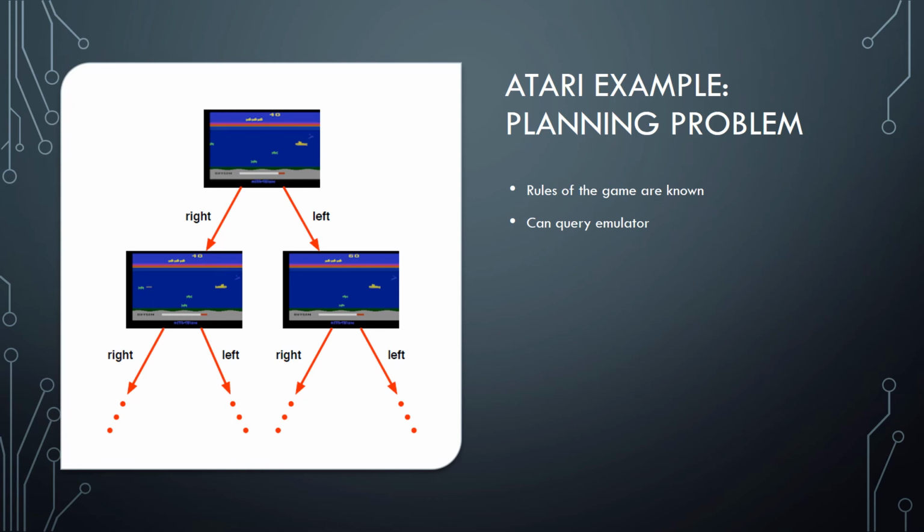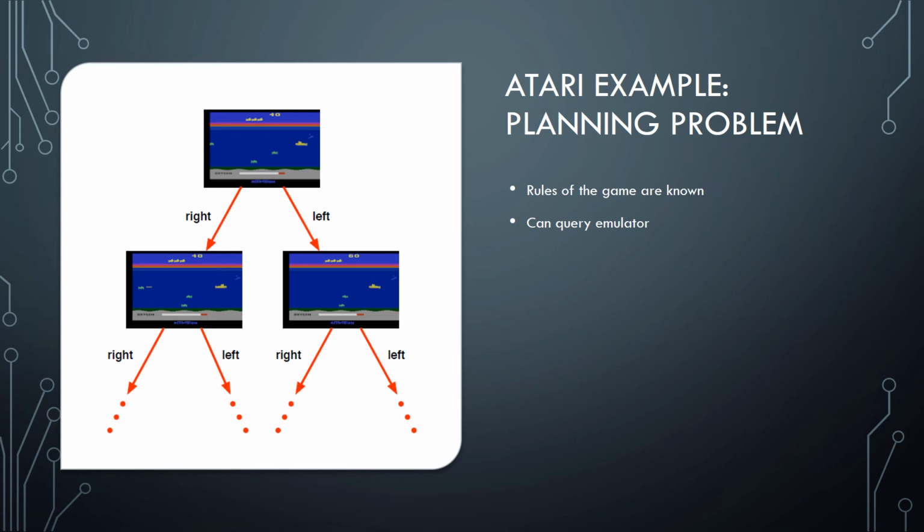Atari example, planning problem. So what if somebody told us how the emulator works? What if we actually had access to a perfect emulator? We are able to do a look ahead with the emulator, and the rules of the game are known. We can also query the emulator and get to know the exact outcome of our control actions.